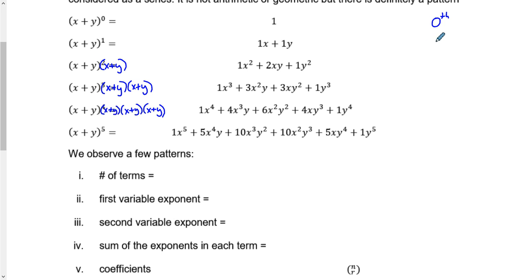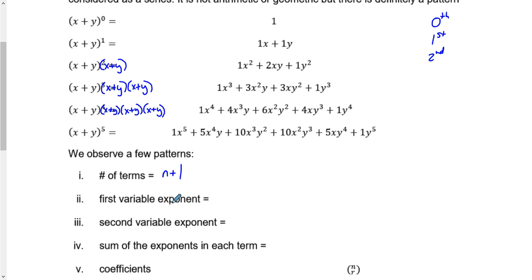Whereas on the first line, there's 2 terms. On the second line, there's 3 terms. Third line, there's 4 terms. Fourth line, there's 5 terms. Fifth line, there's 6 terms. Overall, the total number of terms is always going to be whatever the exponent is, we'll call it n, plus 1.